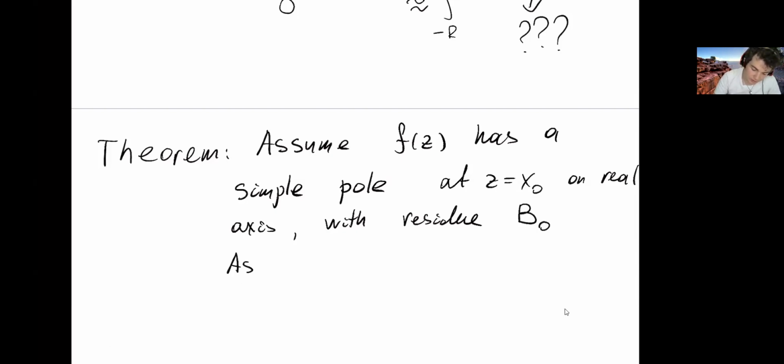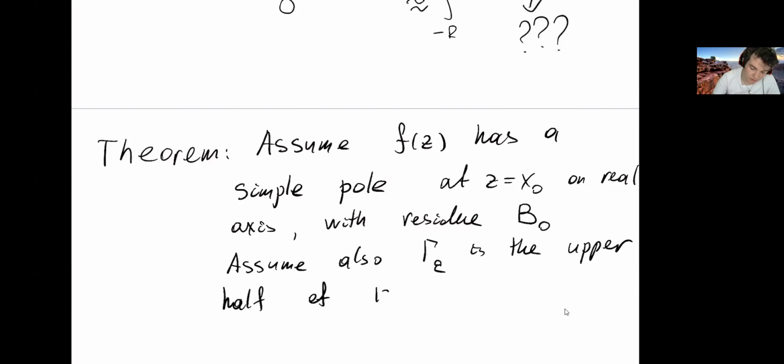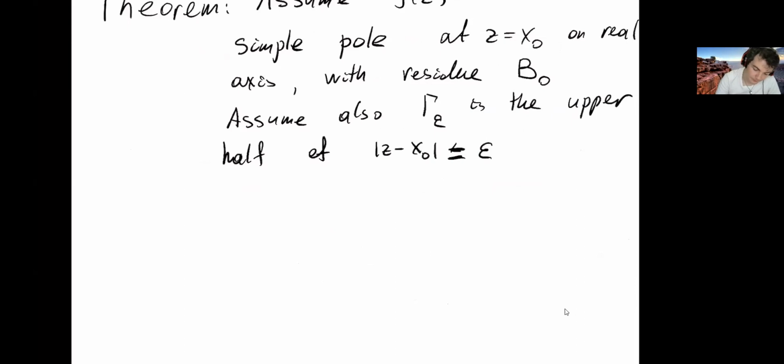So assume also gamma epsilon is the upper half of the circle |z minus x0| is less than or equal to epsilon. So the picture is this.